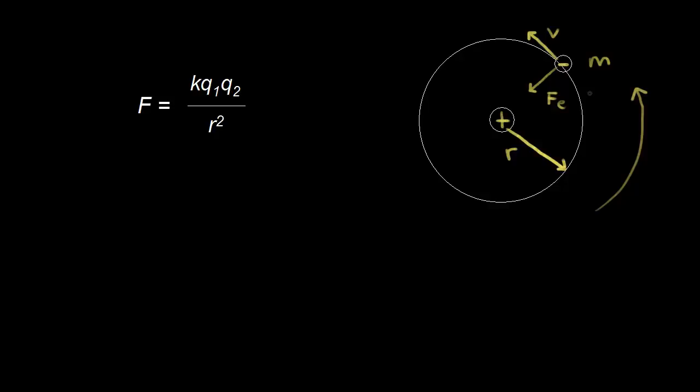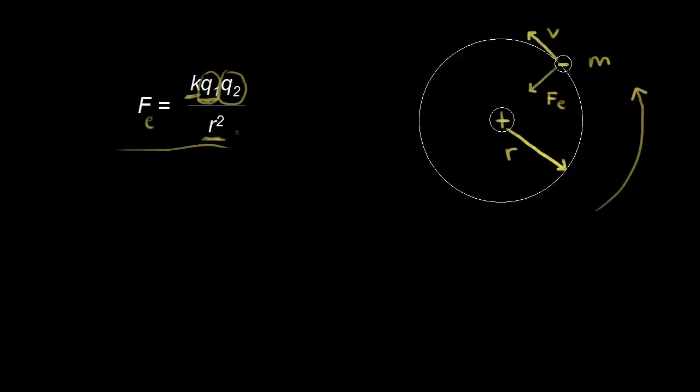We can find the electric force by using Coulomb's law. So over here on the left, this is Coulomb's law. The electric force is equal to k, which is a constant, times Q1, which is one of the charges. Let's just say that Q1 is the charge on the proton, times the other charge, Q2, which we'll say is the charge on the electron, divided by the distance between those two charges squared.